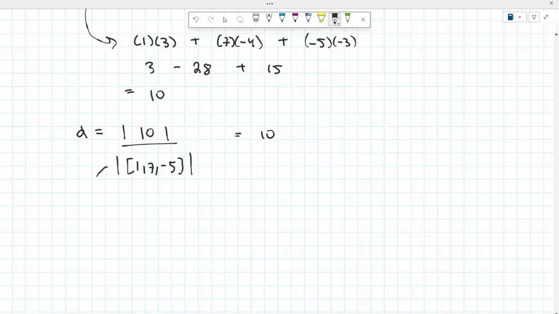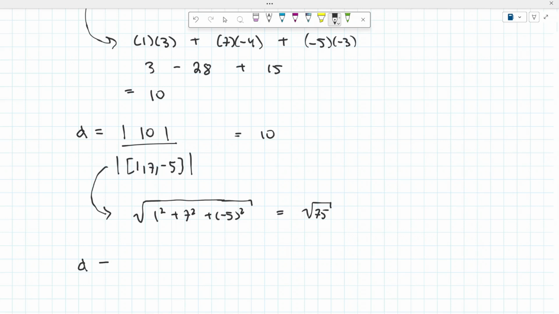So we're learning so much about vector calculations today. So the magnitude here is going to equal the square root of 1 squared plus 7 squared plus -5 squared. And that is equal to root of 75. So finally, when we put this all together, we have D equals 10 over root 75.